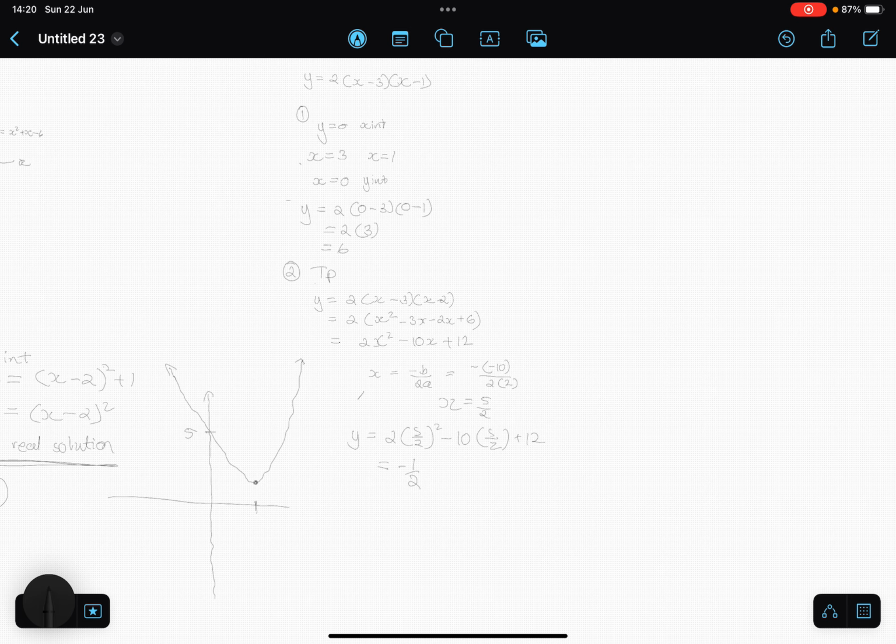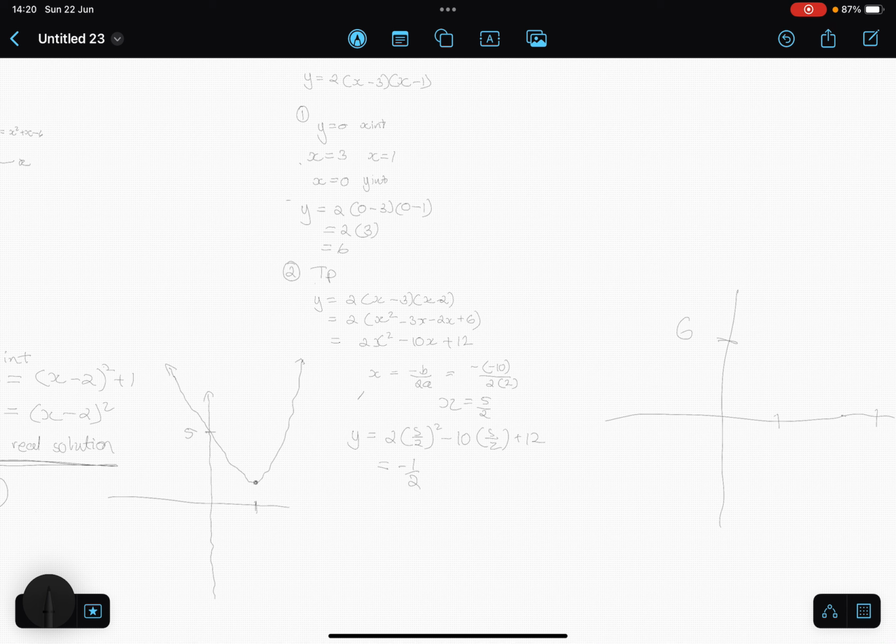So it's going to be in the positive realm. We know our y-intercept is 6. So 3 and 2. And then -1/2, and 5 over 2 on the x.